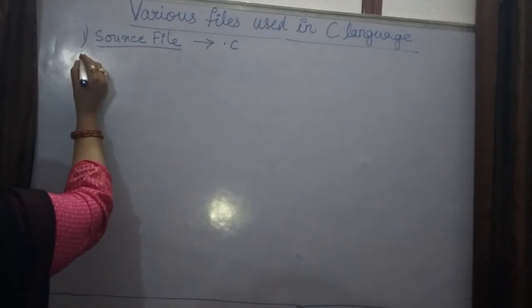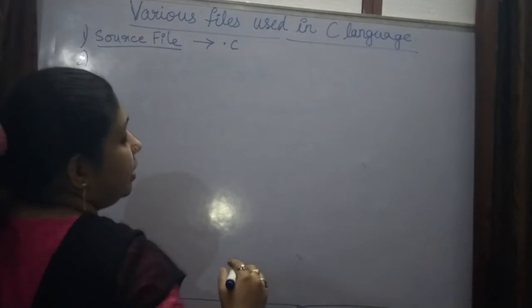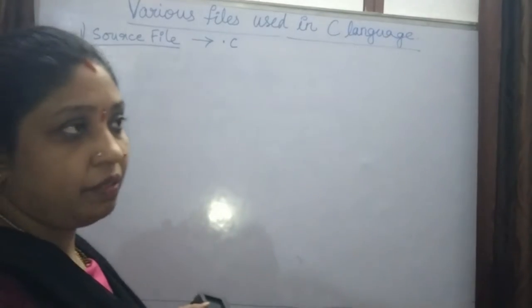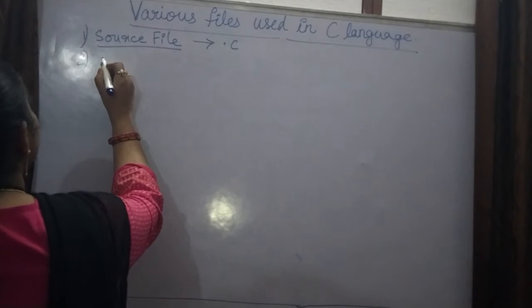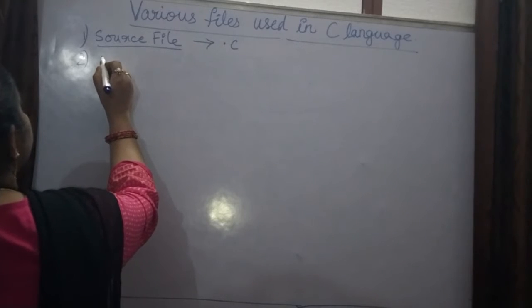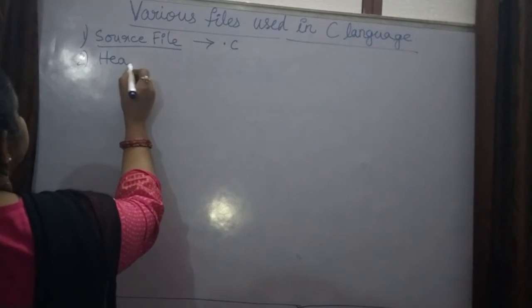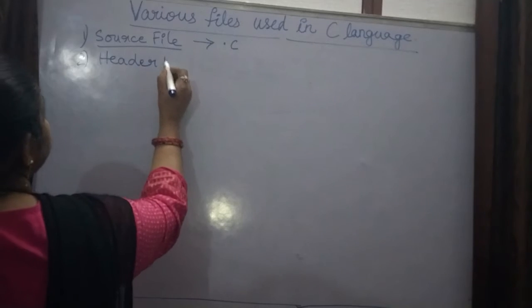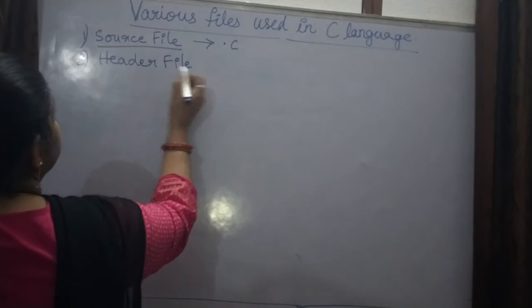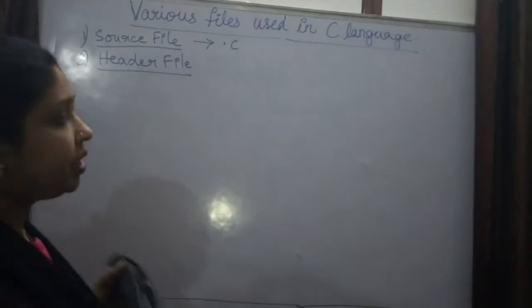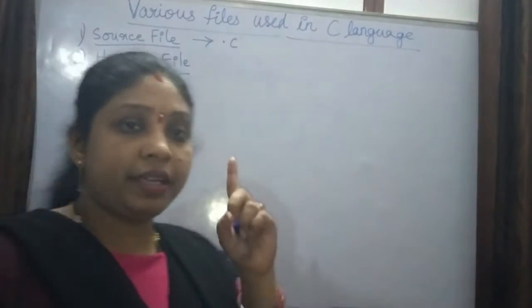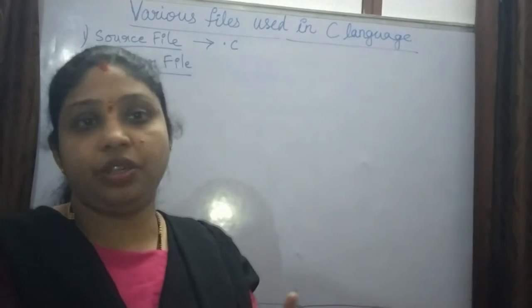Now the second file in our C language is header files. Each file has compulsorily one extension name.